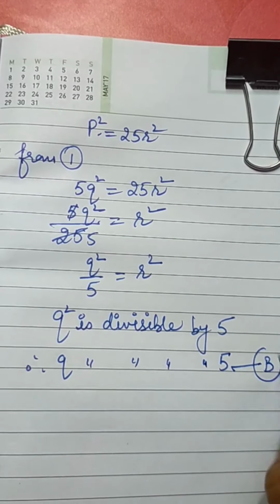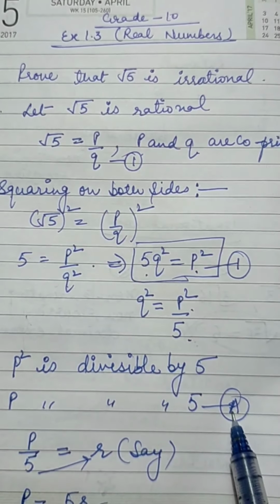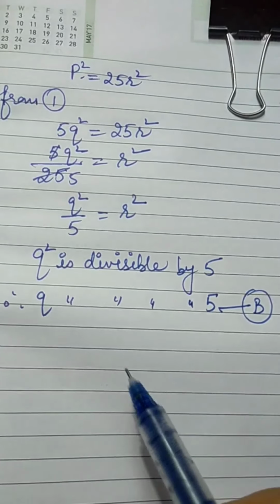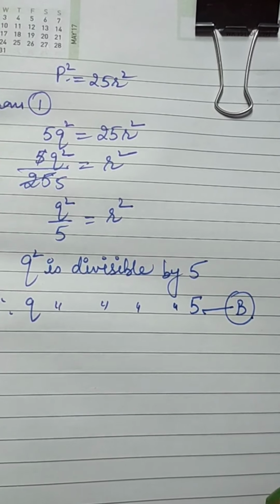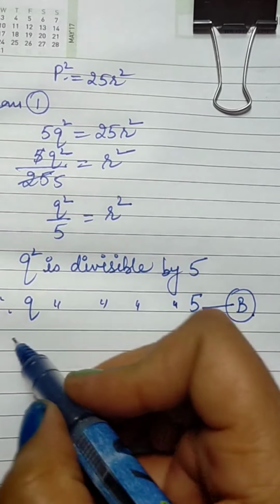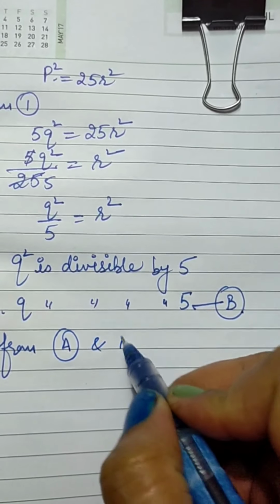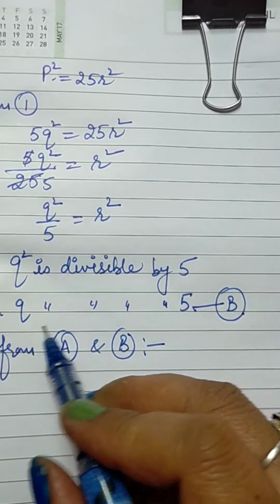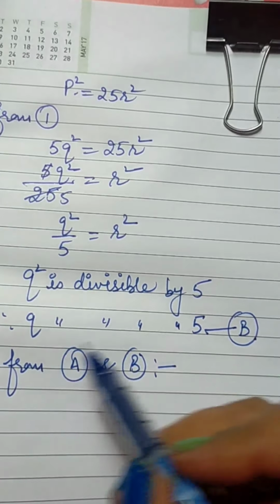So earlier we have proved that p is divisible by 5, and now we have proved that q is divisible by 5. It means p and q both are divisible by 5. From A and B, A was p is divisible by 5 and by B q is divisible by 5.